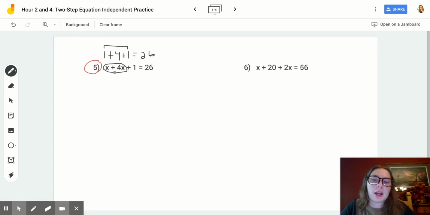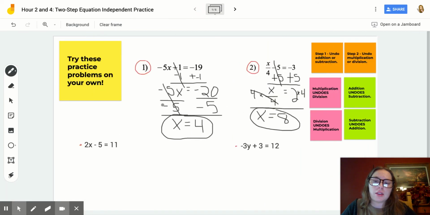So we want to combine this x and 4x together to kind of condense the equation and make it easier to solve. So here we have x plus 4x, so that's 1x plus 4x equals 5x. And then we're left with plus 1, because we didn't use that yet, and then equals 26. Now, this equation is set up just like this first page.